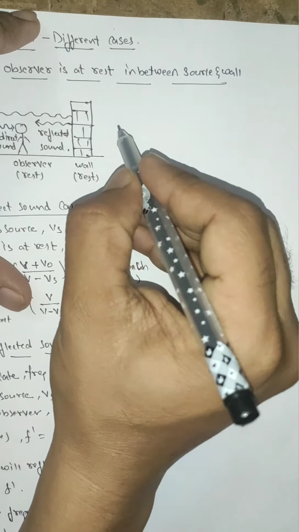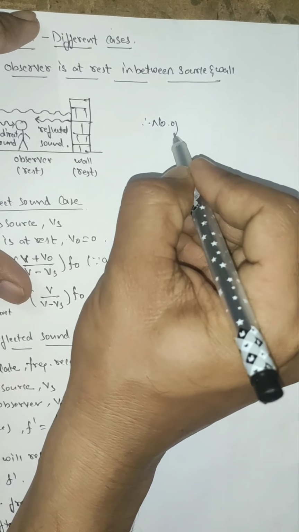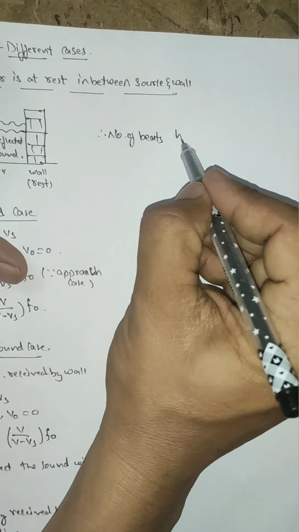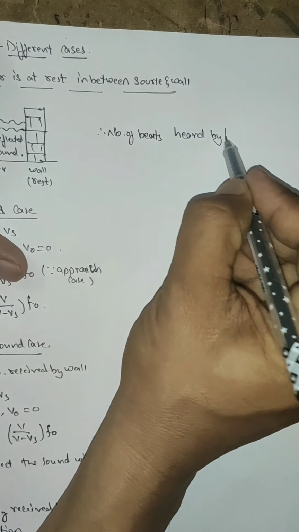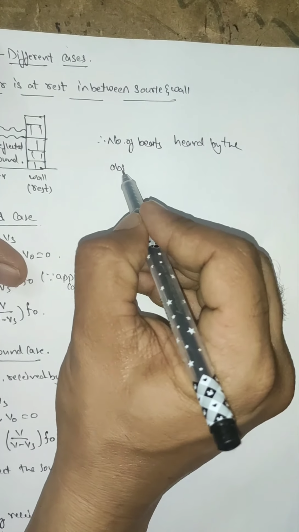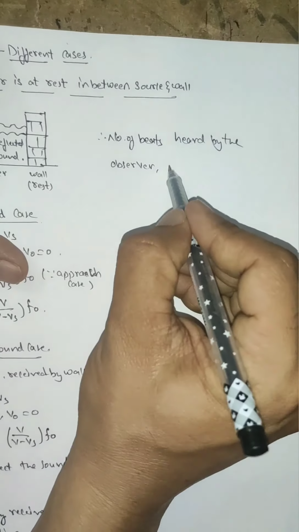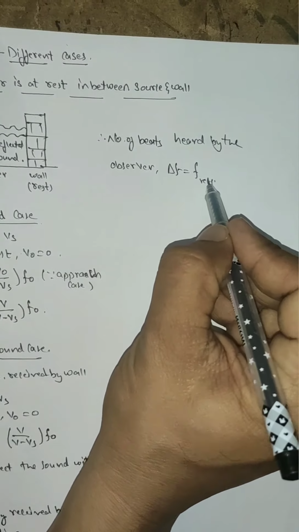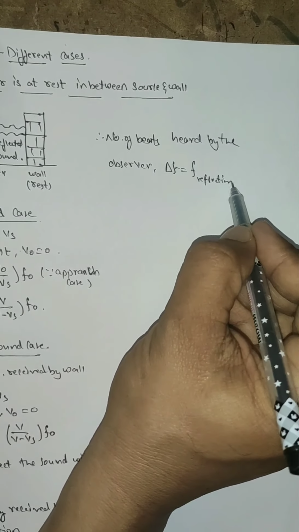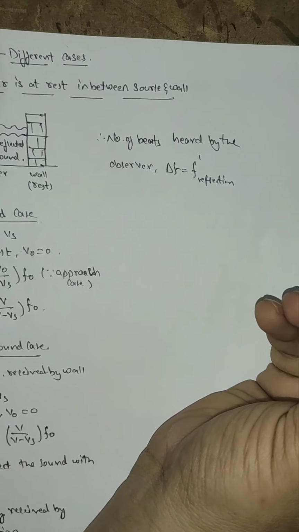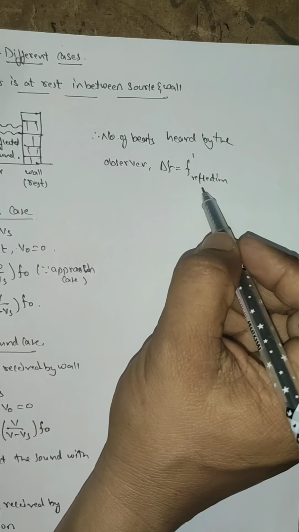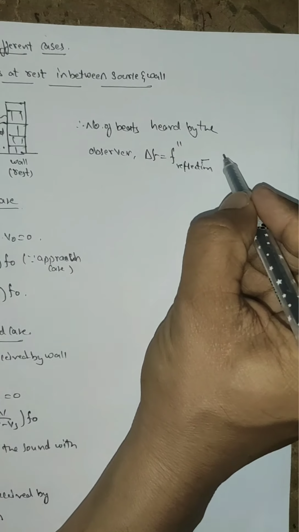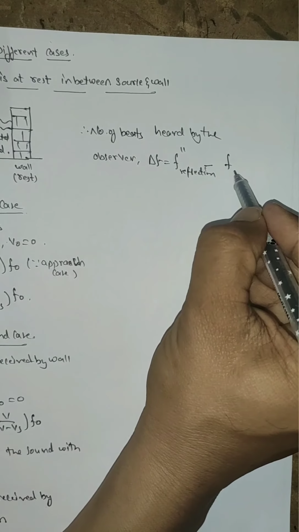So the number of beats heard by the observer per second, delta f, is equal to f reflection, meaning the apparent frequency of the reflected sound received by the observer, minus the apparent frequency of the sound received directly.